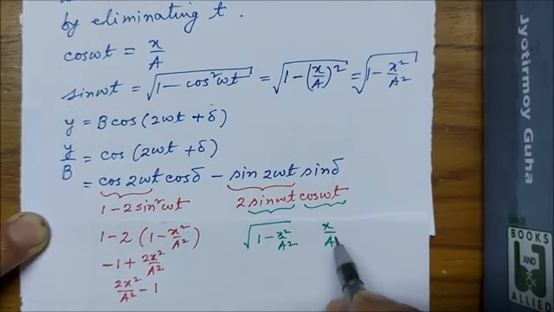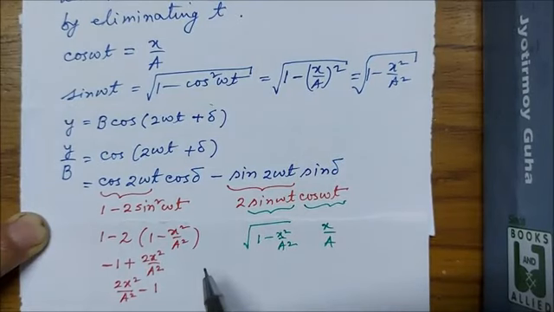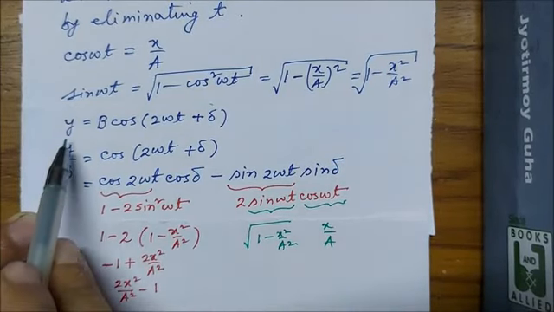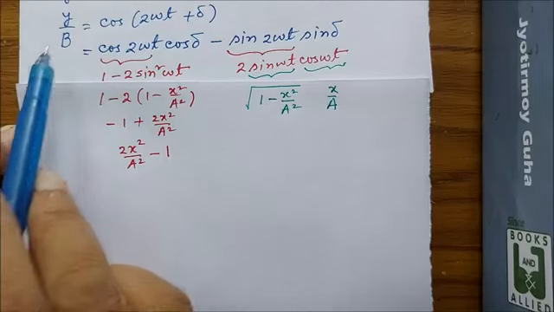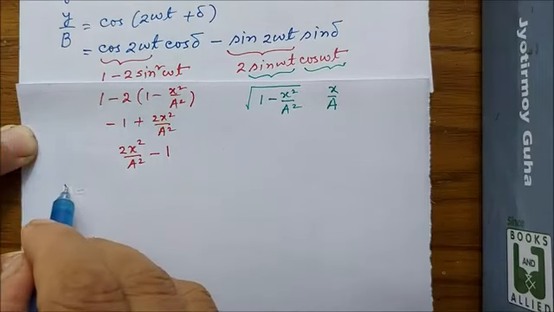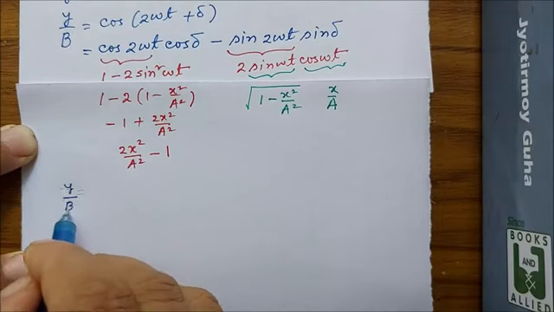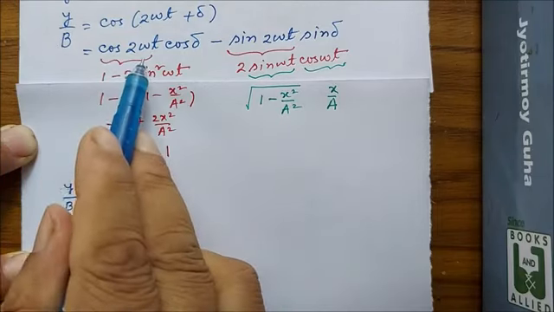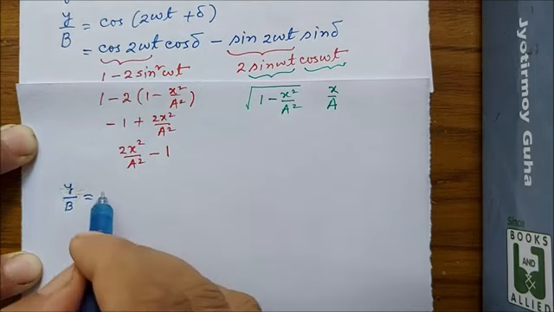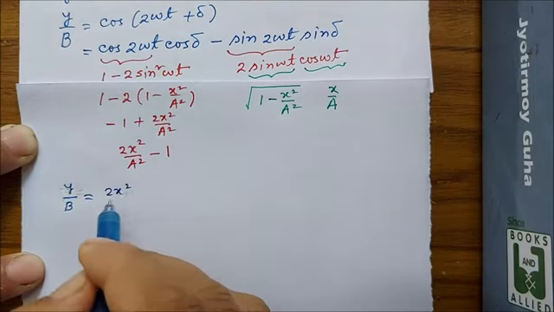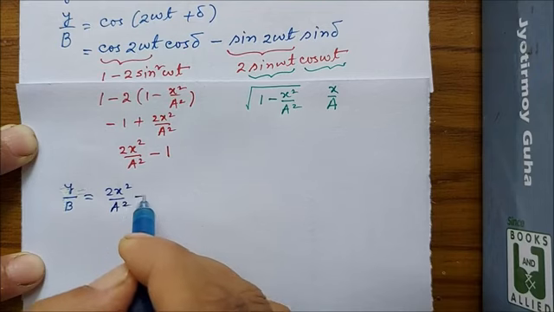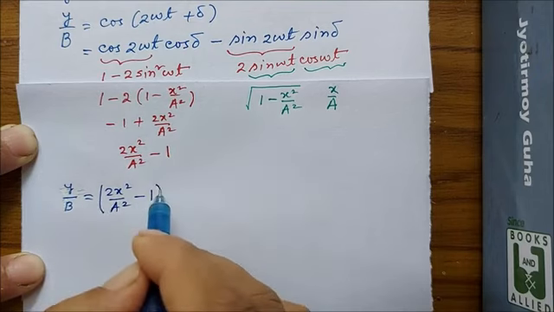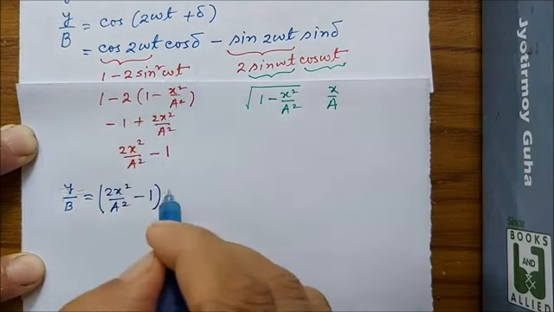So now it is time to collect all the terms and write the expression for y properly. So y by b is equal to, instead of cos twice omega t we have this factor, multiplied by cos delta.